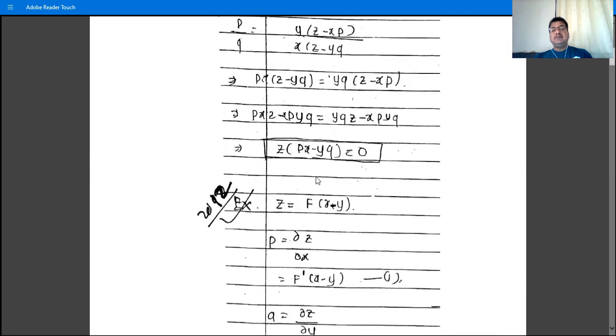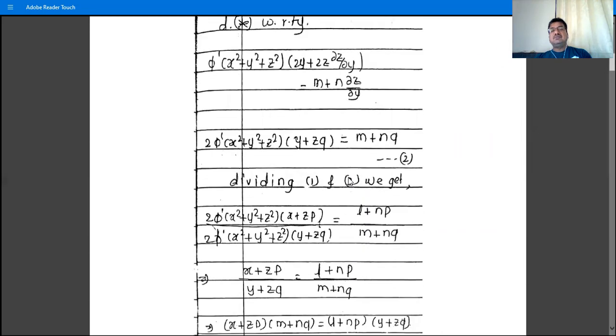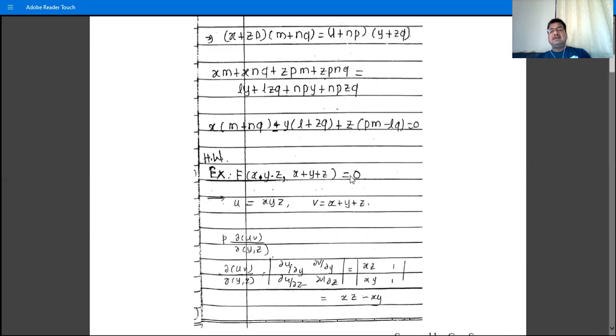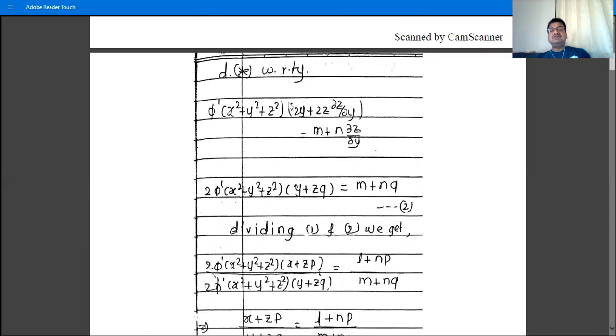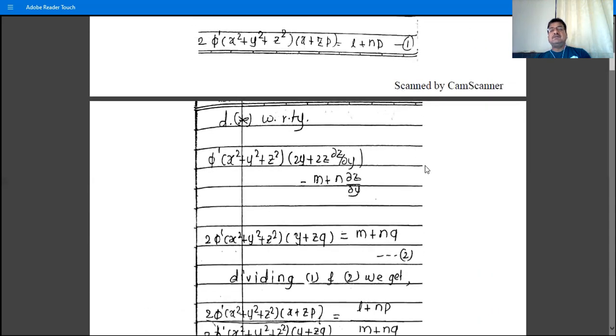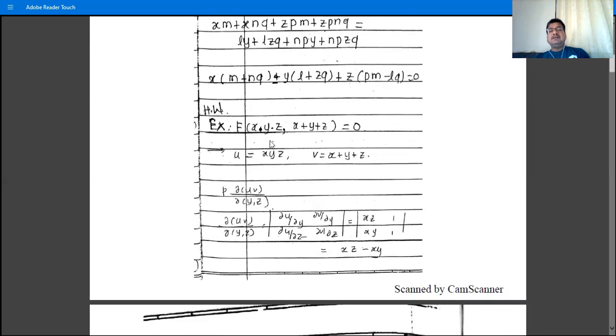And if the problem is of the type z = function of x, y, z, then differentiate with respect to x and y to get equations 1 and 2, and from 1 and 2 eliminate the function f, phi, or capital F. But this is a problem of the type f(u, v) = 0.